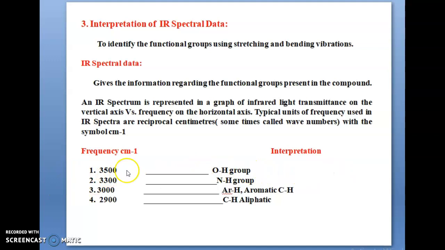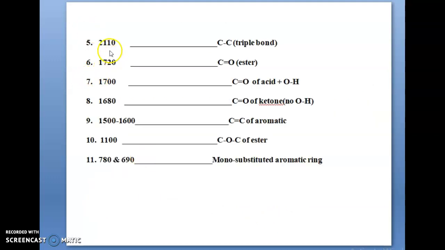Suppose 3500 cm inverse gives the OH group, 3300 cm inverse gives the NH group, 3000 is aromatic carbon-hydrogen, and 2900 is aliphatic CH. Next, 2110 is carbon triple bond, 1720 is carbon double bond O of ester, and 1700 is carbon double bond O of acid plus OH. 1680 is carbon double bond O of ketone, no OH. 1500 to 1600 is carbon double bond of aromatic. 1100 is the C-O-C of esters, and 870 to 690 indicates mono-substituted aromatic rings.